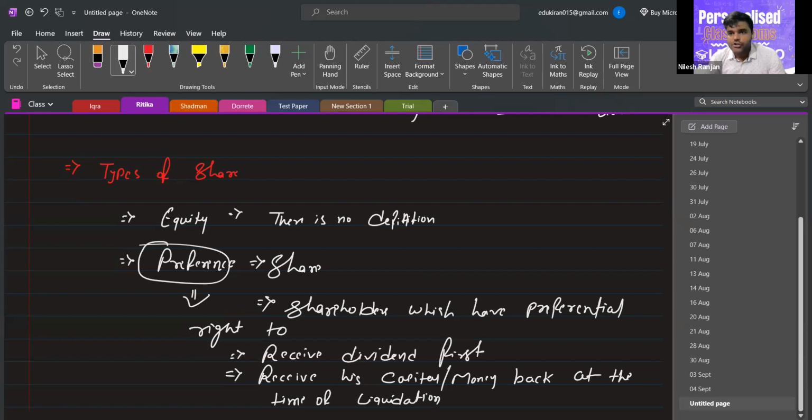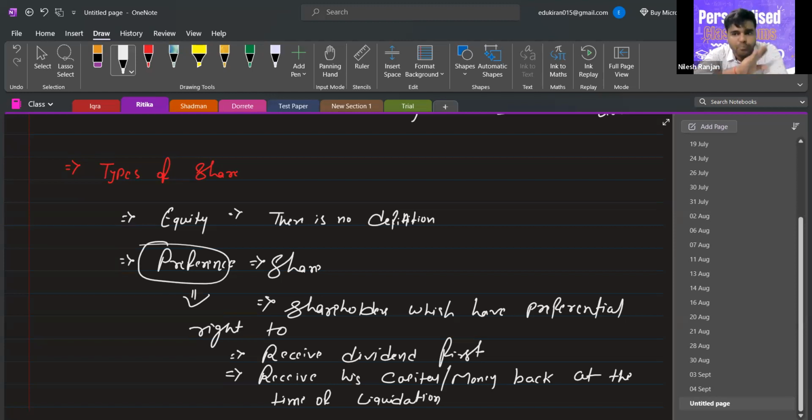Now, both of these are shares, and shareholders are the owners of the company. You know that, yes? Yes, sir. Now, what do you think? Among these two, equity and preference, who is the actual owner of the company?